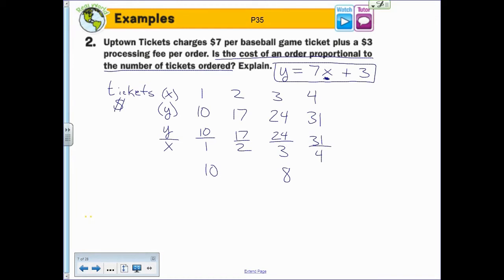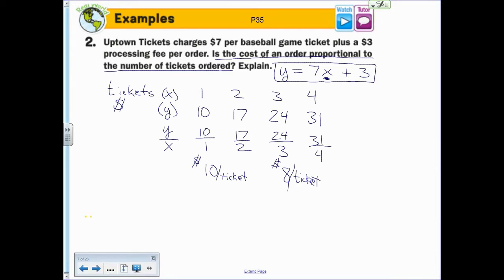We can see from this that $10 per ticket and $8 per ticket are different. And since they are different, that means this is a non-proportional situation.